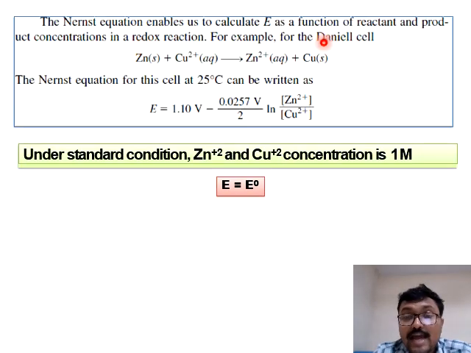For example, in a Daniell cell, which is a galvanic cell, zinc plus copper 2 plus gives zinc 2 plus plus copper. In this reaction, we can easily calculate the E value. We know E0 for this reaction is 1.10 volt. If the concentration of copper 2 plus and zinc 2 plus is 1 molar, the ln Q value will be 0, so the E value will be equal to E0.